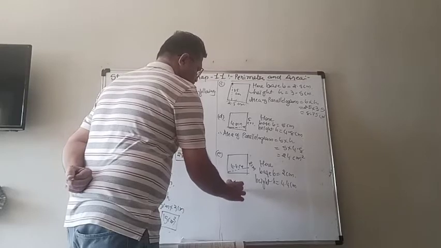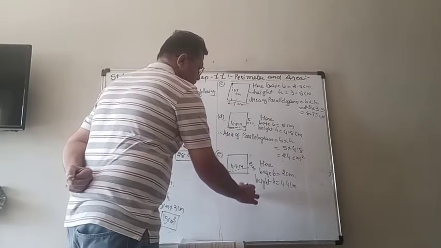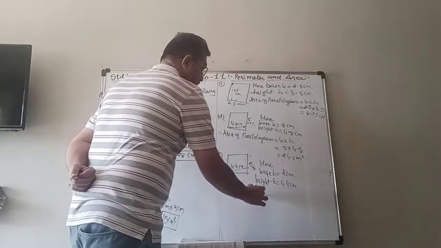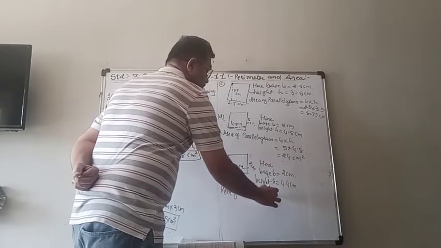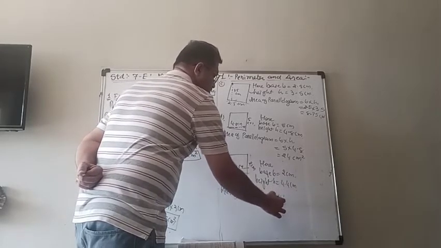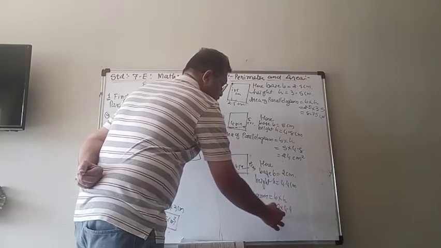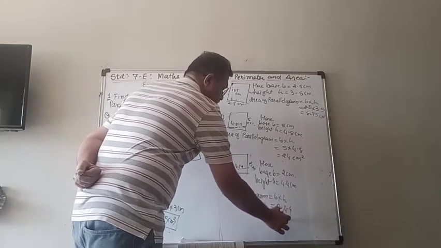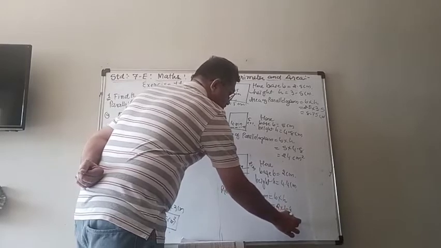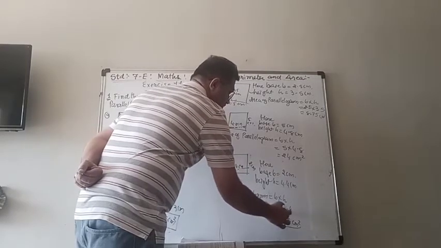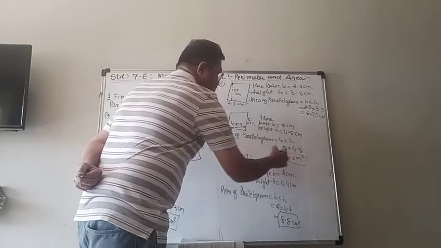So area of parallelogram is equal to base into height. So 2 multiplied by 4.4, 44 twos are 88, so 8.8 centimeter square.